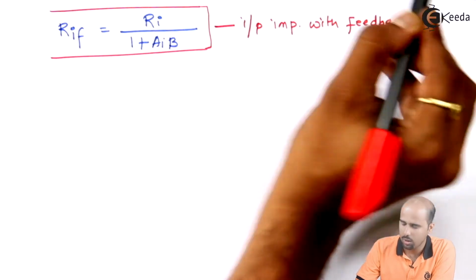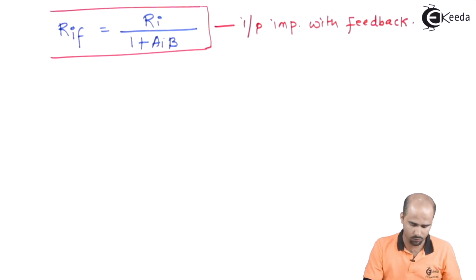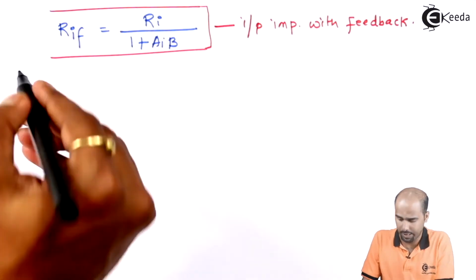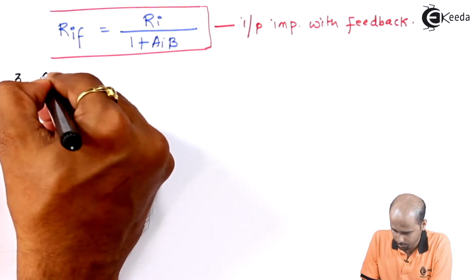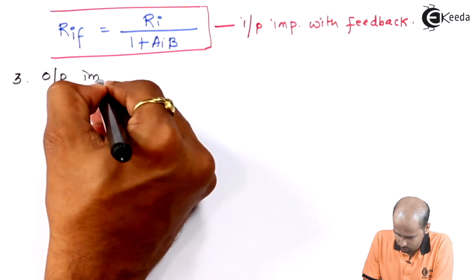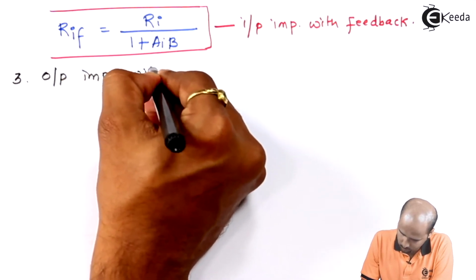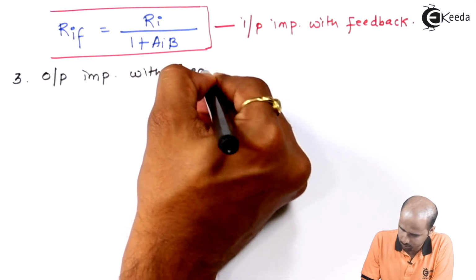Okay, let's start with the analysis of output impedance with feedback. So the third part is output impedance with feedback.